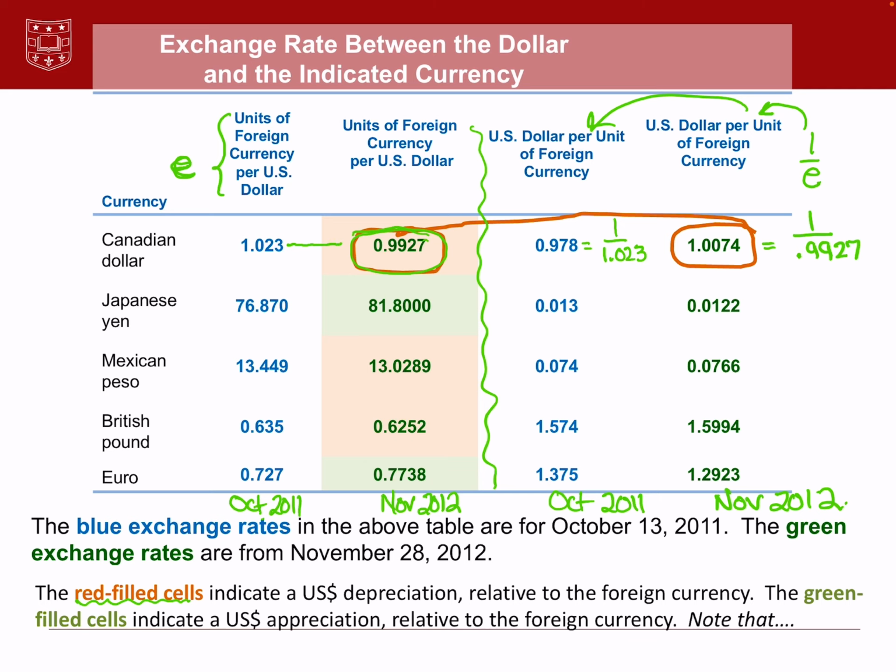This would be an instance in which we get, say, fewer Canadian dollars per US dollar, and we get fewer Mexican pesos per US dollar and fewer British pounds per US dollar. And so this represents a depreciation of the US dollar relative to the Canadian dollar, the Mexican peso, and the British pound.